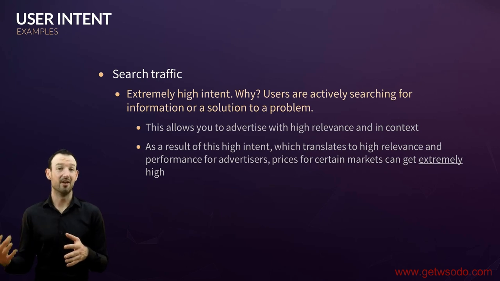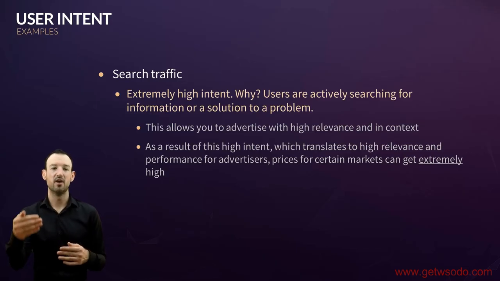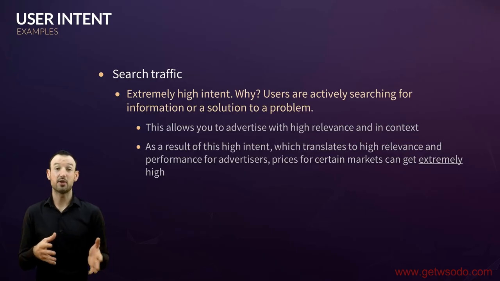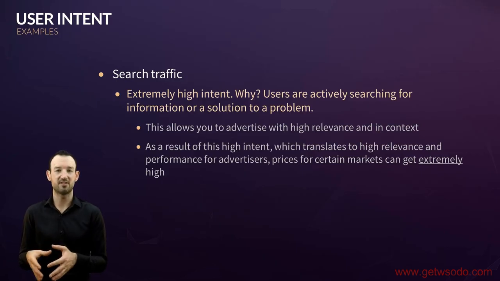And if you're a lawyer of that type in that city, an ad to them right now would be extremely contextual, and what they have searched for has shown a high intent to pursue some sort of solution to a problem. And as a result of the high intent that tends to come with search, this generally translates to very high relevance and performance for advertisers.